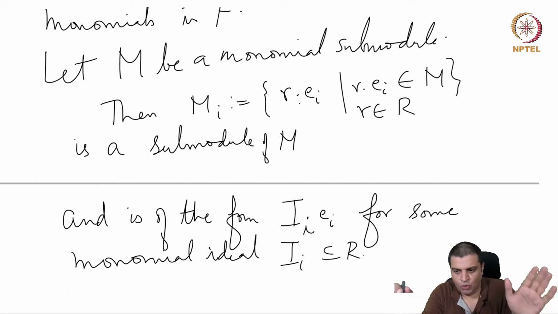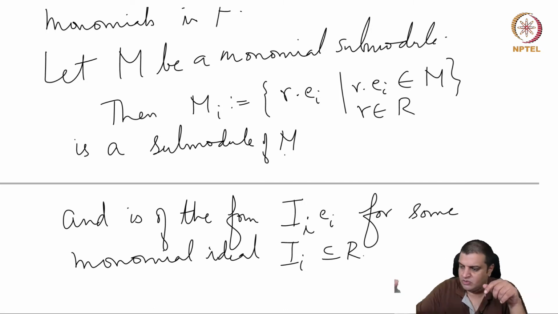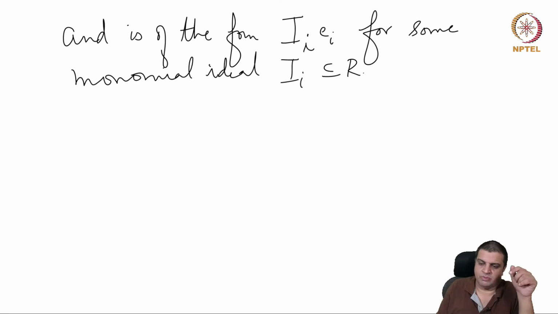We fix a monomial generating set for M, and in that pick out all the ones that have this e_i, and then our linear combinations would just be combinations of that. Okay, so this is the first observation that we want to make.